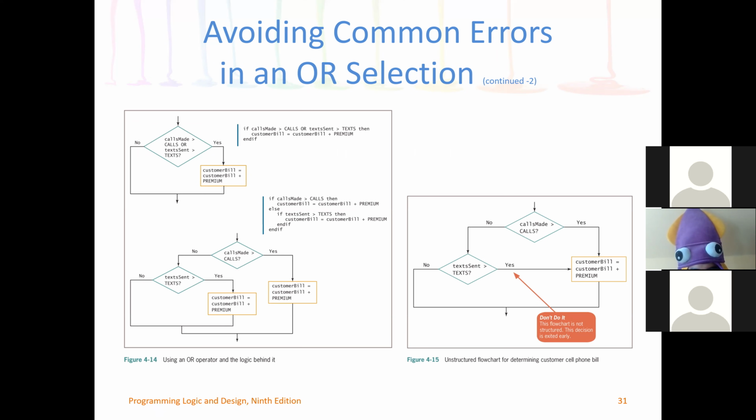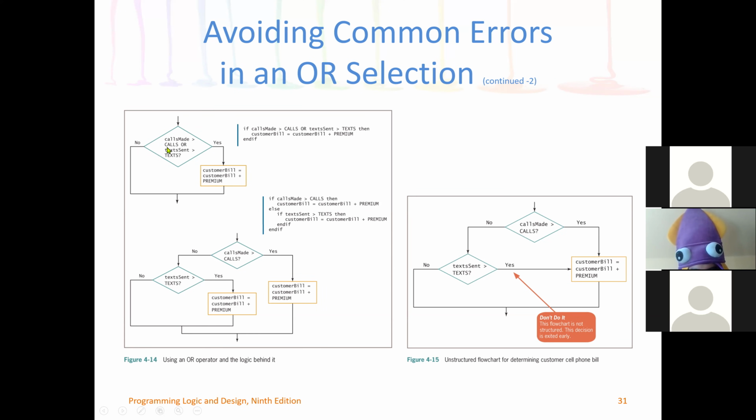So again, we have another example. In the first flowchart, we can see we are using a logical decision, which is OR. We have two conditions, but because we are using OR, we can join the two conditions together. This is faster than doing the one down here, where we check the two conditions separately.